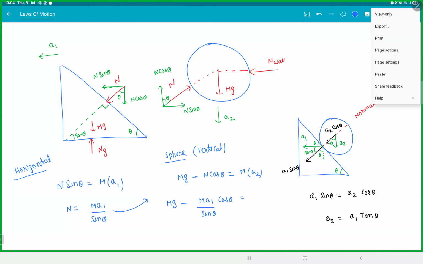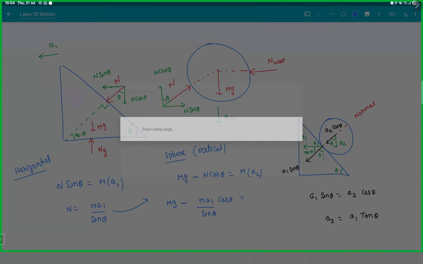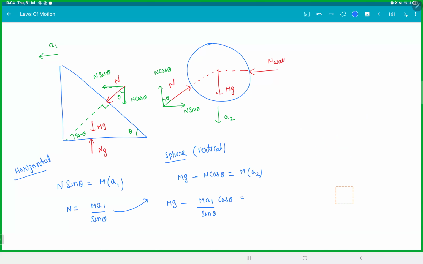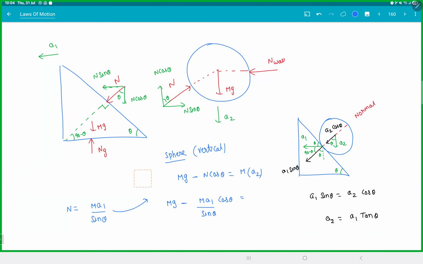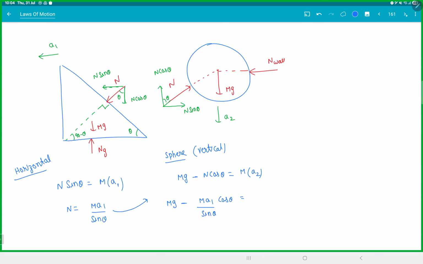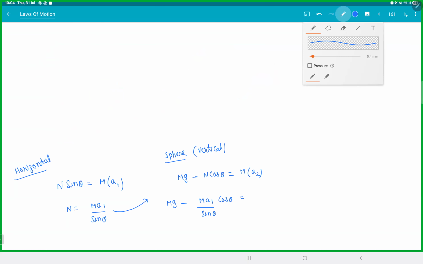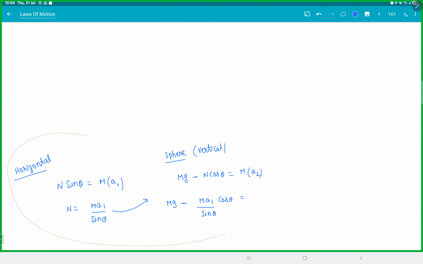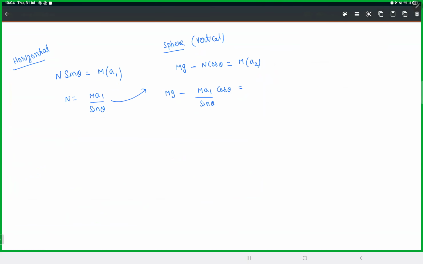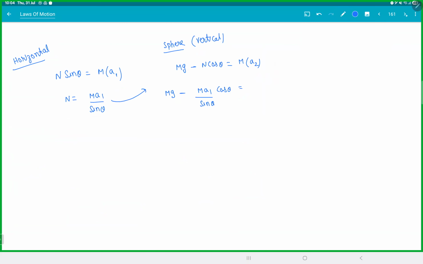Let me do one thing. It's becoming too crowded here. Just let's write the equations here. And this will be ma2, and a2 is nothing but a1 tan theta.